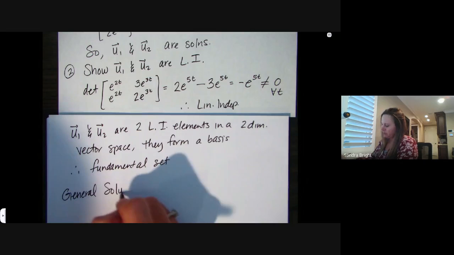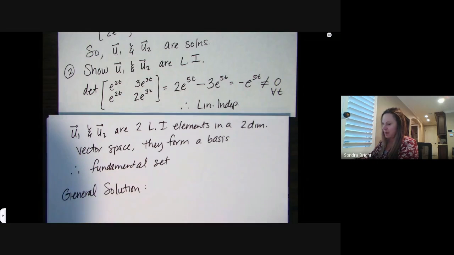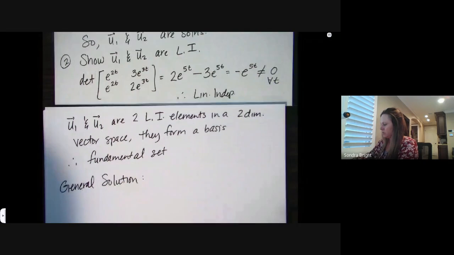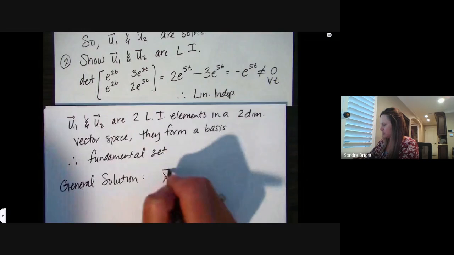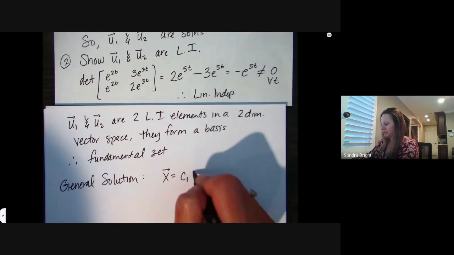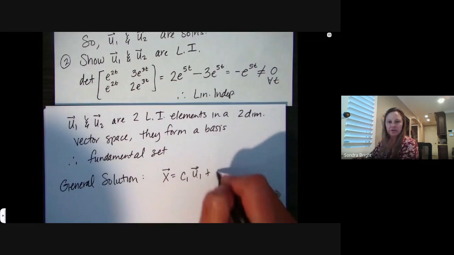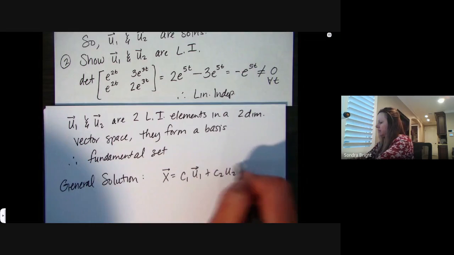How you write the general solution is x is equal to c1 times u1 plus c2 times u2, a linear combination of these two linearly independent solutions.